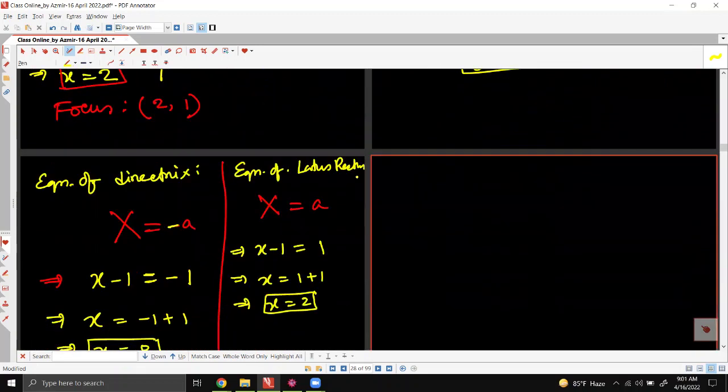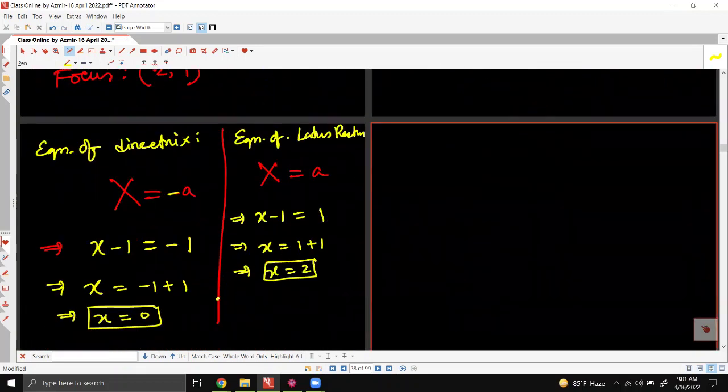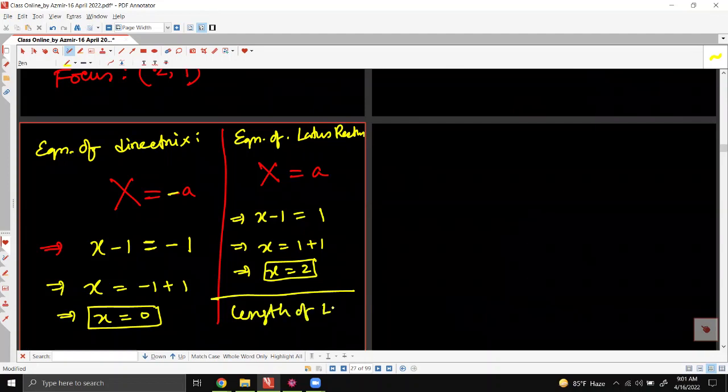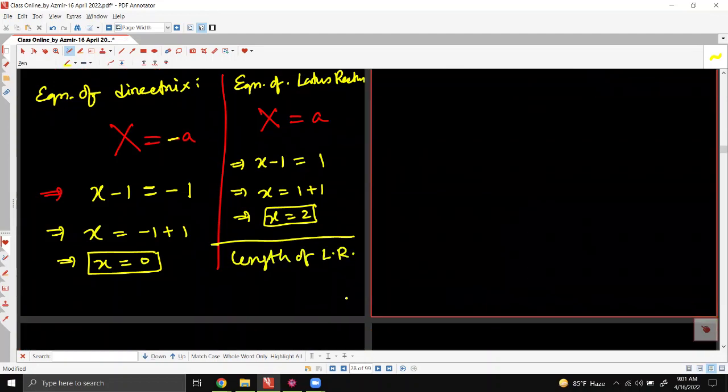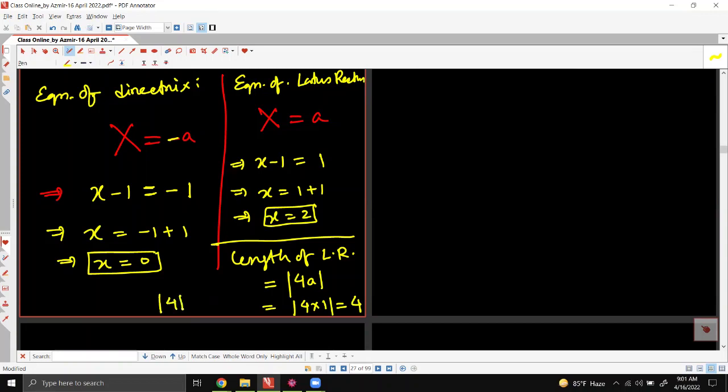So the length of latus rectum LR is equal to modulus of 4a, that is 4 times 1, that is 4. You know that the absolute value of 4 equals 4. So this is the length of the latus rectum.